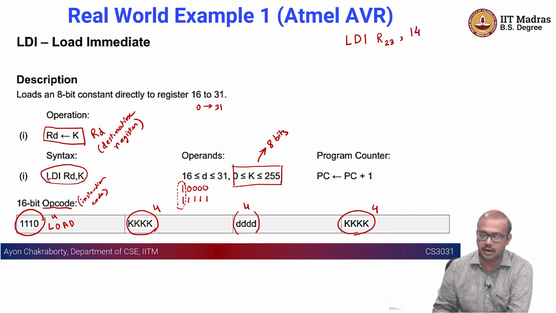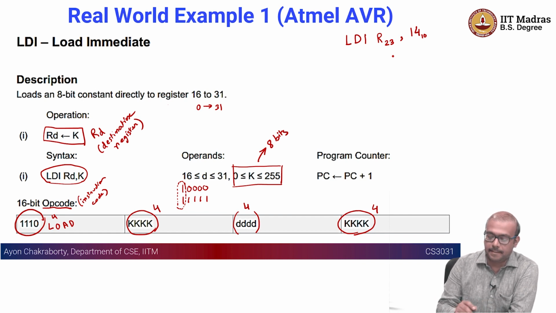Let's say this 14 is base 10, so I can always convert it. If I want to write the machine code for this LDI R23, 14, what is going to be the machine code in this opcode format, in this ISA?